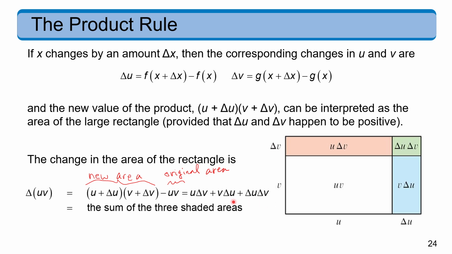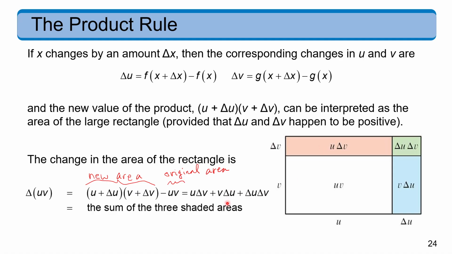So this represents, again, the change in the product. Now we can interpret this on the rectangle here as these are 3 areas that are shaded. Look at this one, u delta v. This is length u, this is length delta v, so the area here is u delta v.